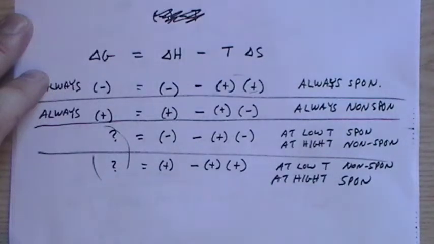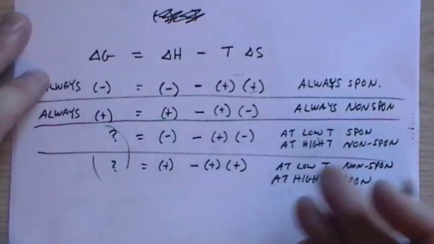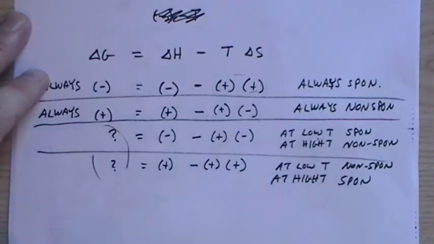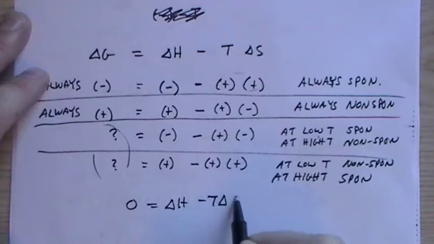It becomes spontaneous. Then, if you want to know when it shifts over, so for each of these, there's a point where it's one thing, and then as the temperature goes up, it shifts over into the other, from spontaneous to non-spontaneous, or non-spontaneous to spontaneous. Well, that would occur when, whatever temperature this is, delta G equals 0. That's when we're just on the cusp, just when we're shifting from one to the other.